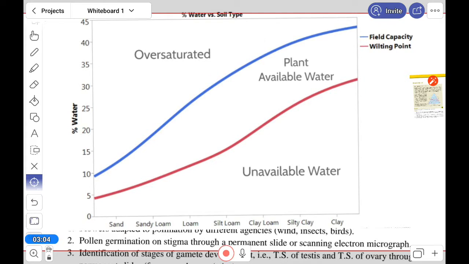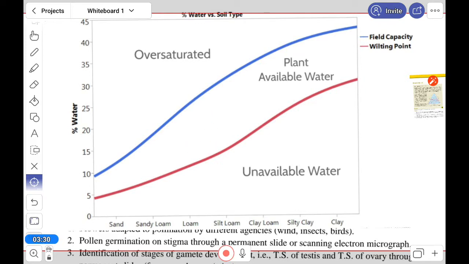If we take sand, the moisture content range will be 5 to 12. If we take loamy soil, approximately 11 to 25 percent moisture content should be available.